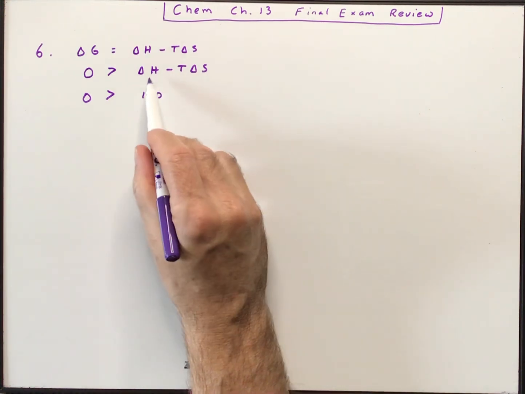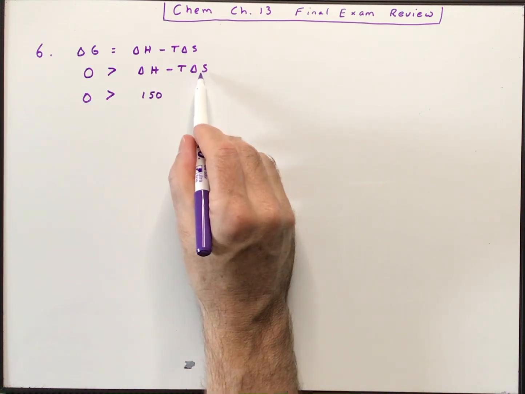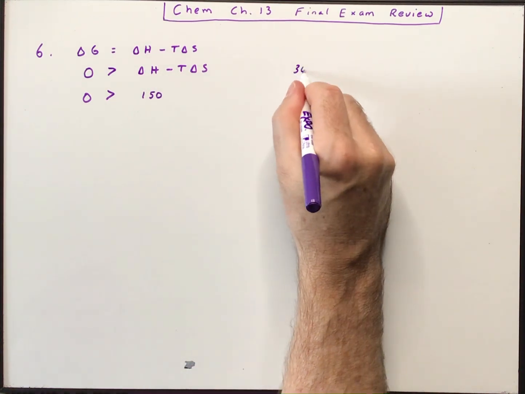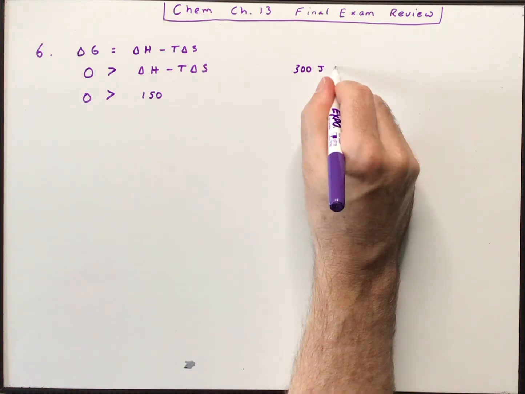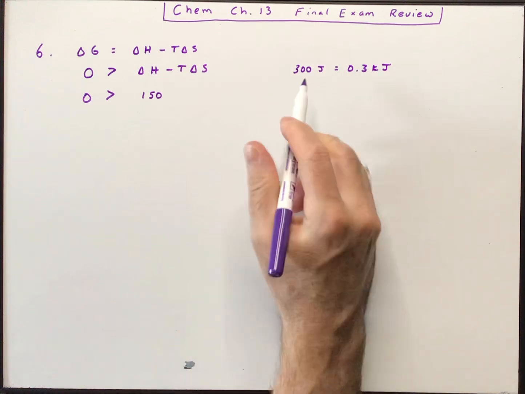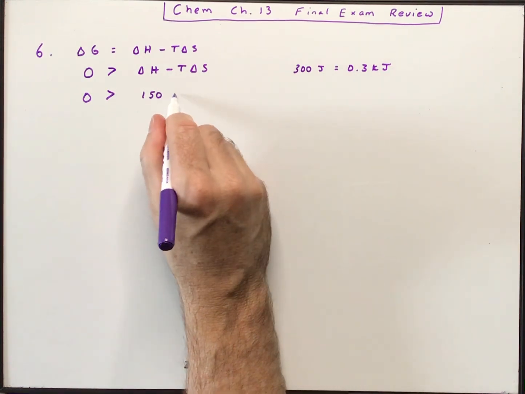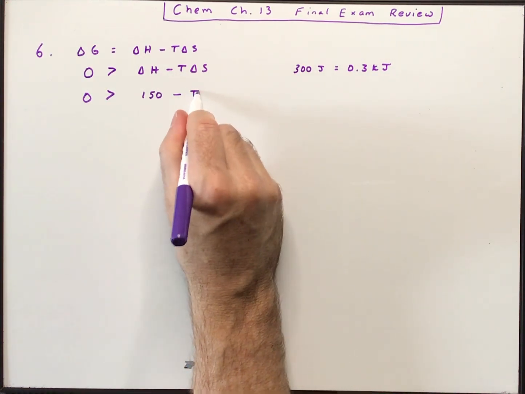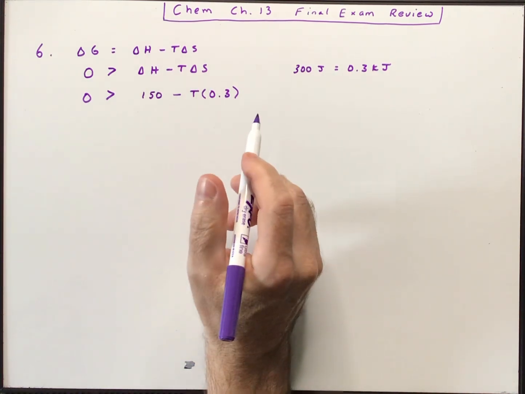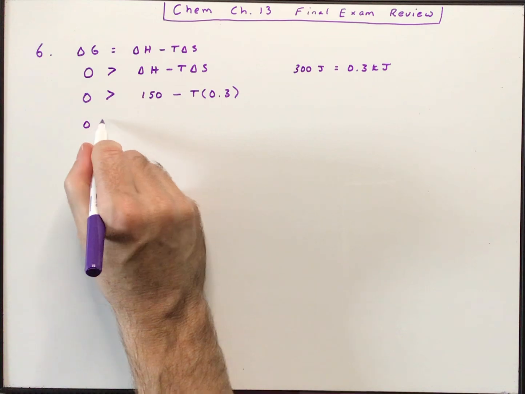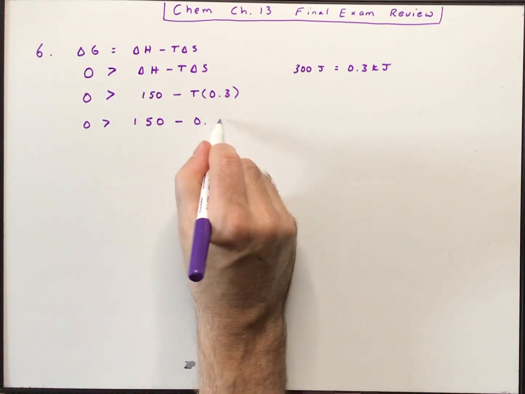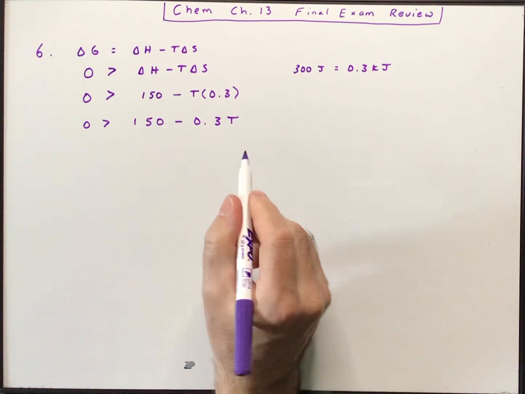All right. Delta H is kilojoules. Delta S is joules. So 300 joules is equal to 0.3 kilojoules. You divide by 1,000. So it'd be 150 minus T times 0.3. Okay, so 0, let's make this a little nicer, is equal to 150 minus 0.3 T.